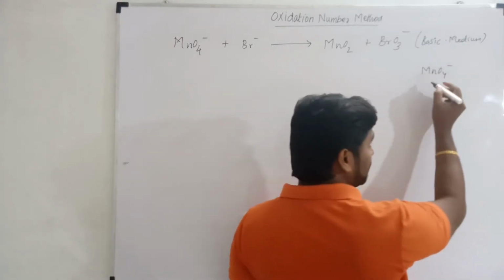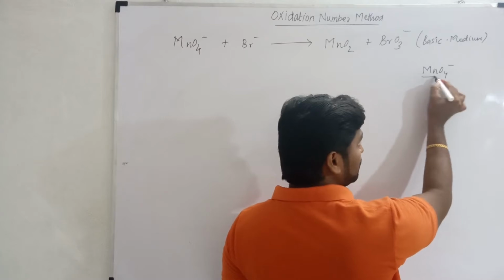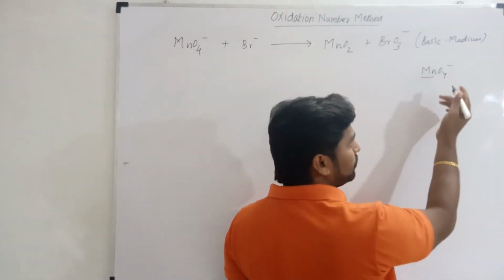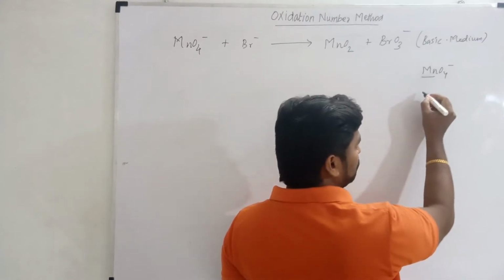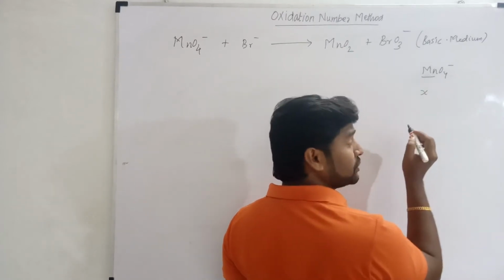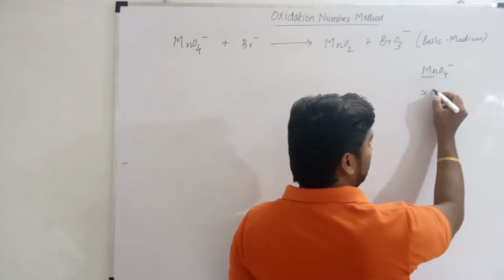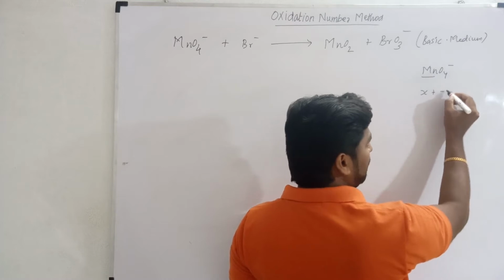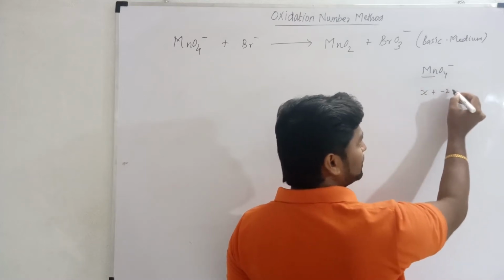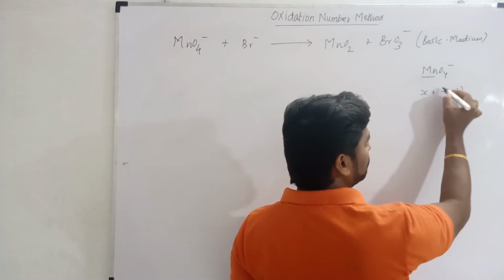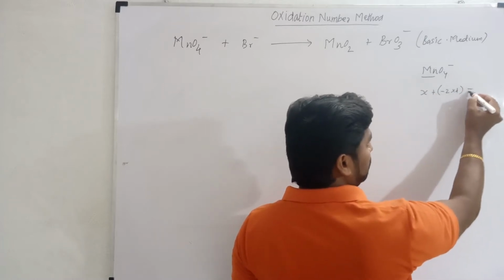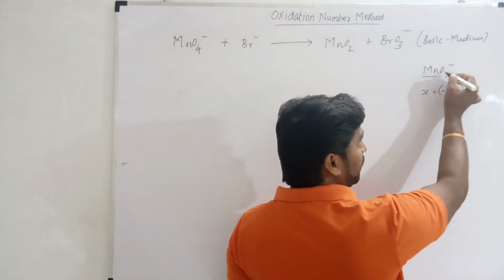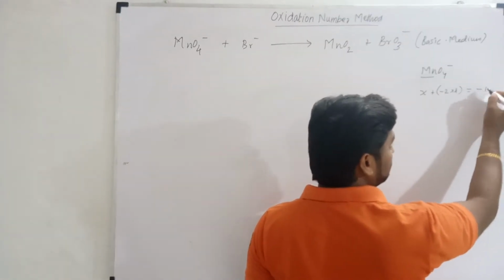MnO4 negative. For this compound, what is the oxidation state of Mn? Oxygen, we know, is -2, almost always. So we consider Mn as X, plus the oxidation state of oxygen, -2. There are 4 oxygens, so we multiply by 4, equal to the negative charge carried by this polyatomic ion, so we write -1.